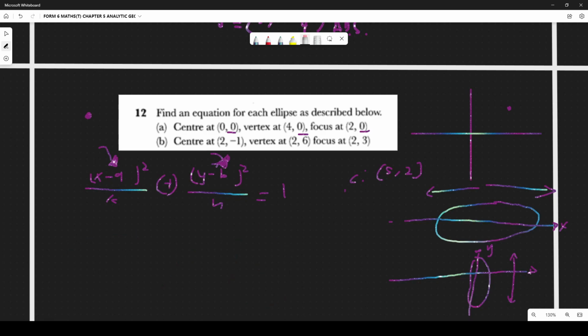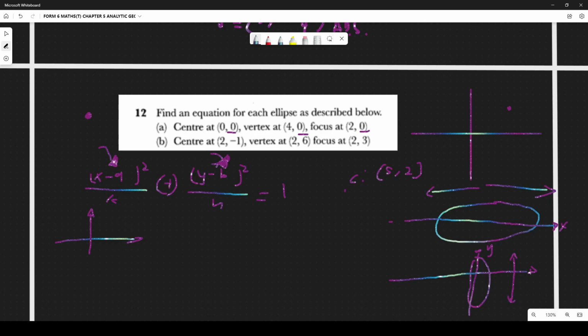That's how, like I mentioned just now, you find out whether the major or minor axis is along x or y. You just look at the values given. If the vertices are on the same plane, then it's the same.